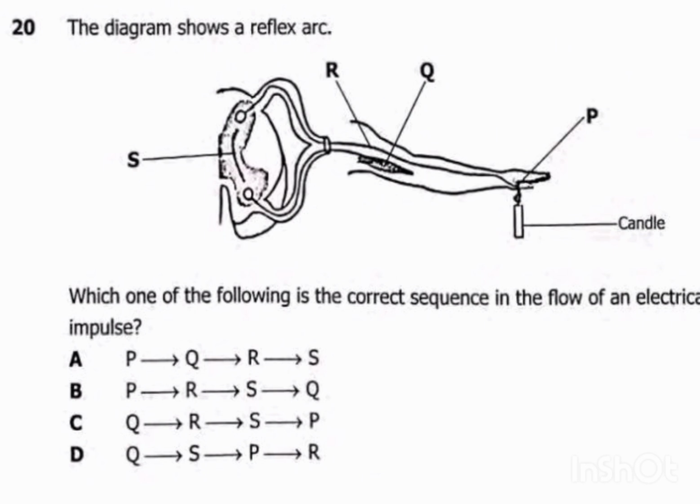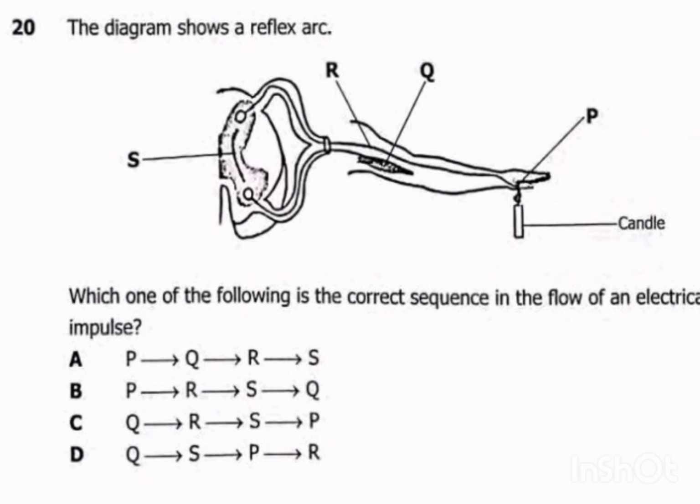Then from the sensory, the electrical impulse is going to be transmitted to S, which is the relay neuron. Then from the relay neuron, the electrical impulse is going to be transmitted to the what? To the effector muscles, where an action is going to be taken.